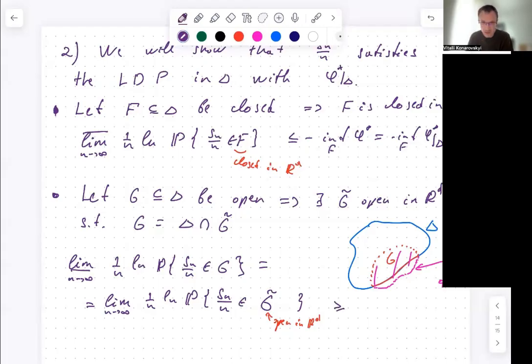It is larger or equal than minus infimum, and here you have phi star of x, x belongs to G tilde. But now, when you replace that G tilde by the smaller set G in the infimum, you will get something larger, but you have minus infimum, therefore you get something smaller.